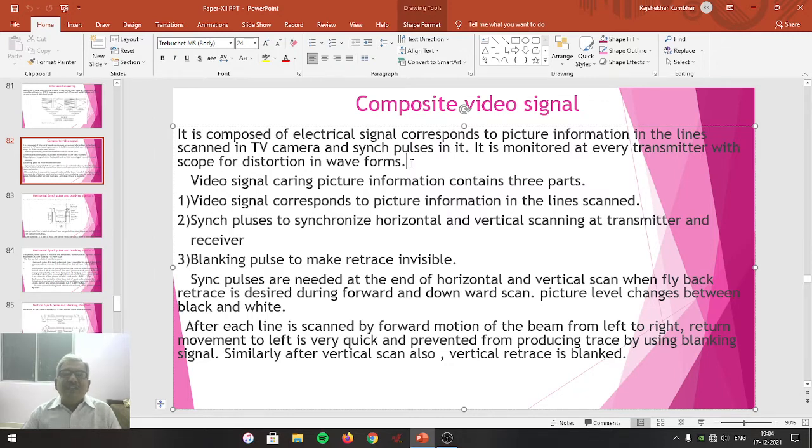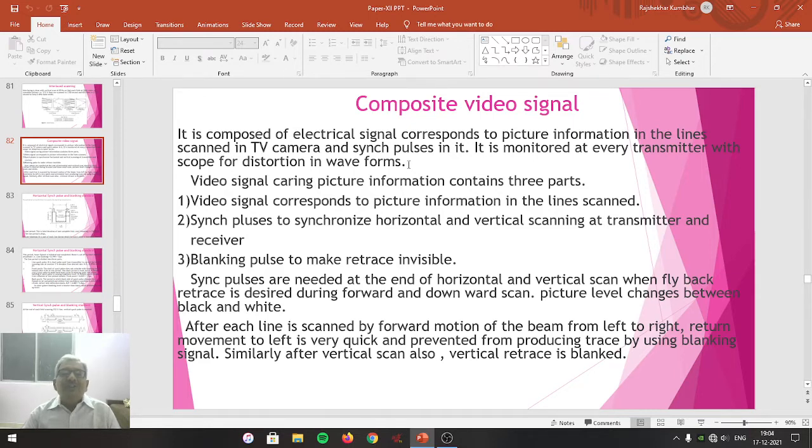There are some standards associated with the composite video signal. If those standards are maintained in the monitored waveform on the scope, then picture quality is better. And if those standards are disturbed, then definitely the quality should be improved, and for that purpose, whatever things are necessary are to be performed.